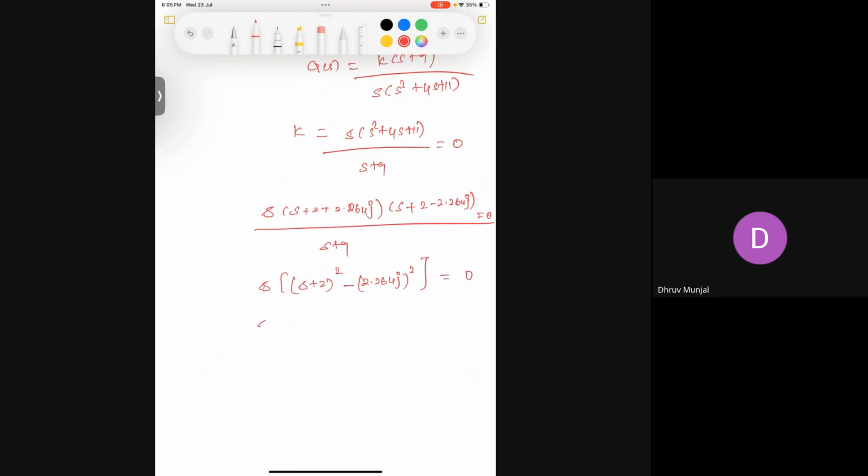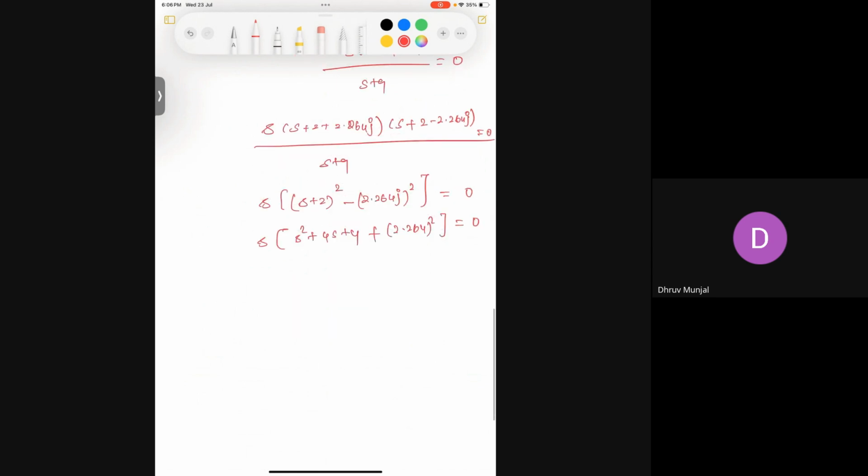S into s square plus 4s plus 4 minus or plus this will be 2.264 square. I don't know that value. So it will become s cube plus 4s square plus 4 plus 2.264 square into s equal to 0. So this will give you a point.